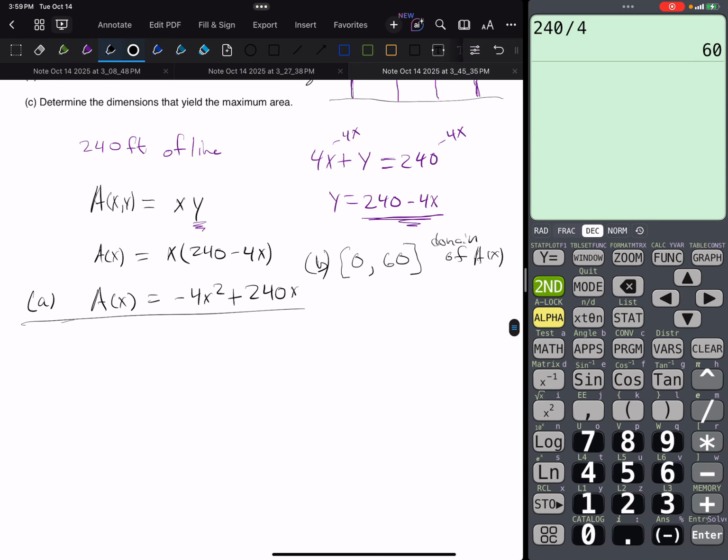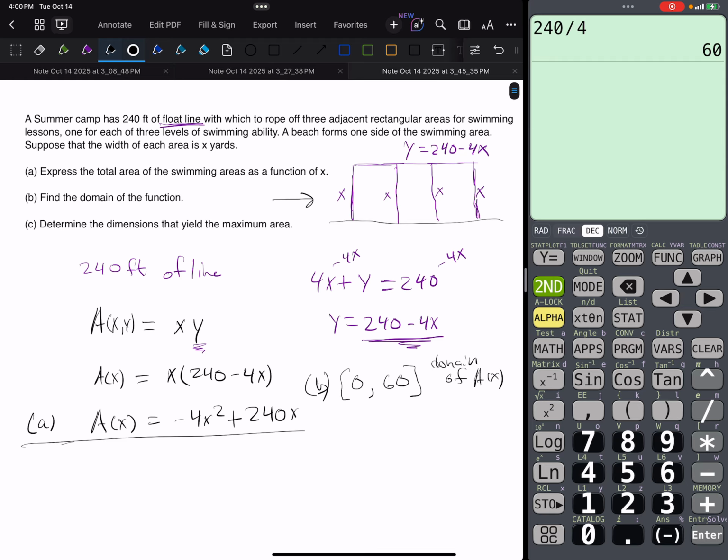And then the last thing it said, determine the dimensions that yield the maximum area. Now, this is an algebra class. We're doing this with algebra, so we don't have things available to us like the derivative and then setting the derivative equal to 0 and solving for that. That's how you would do it if you knew calculus. And if you're watching this and you know calculus, well, that's how you would do it without the calculator. Because this is an algebra class, we're going to do a fairly brute force solution using our calculator.